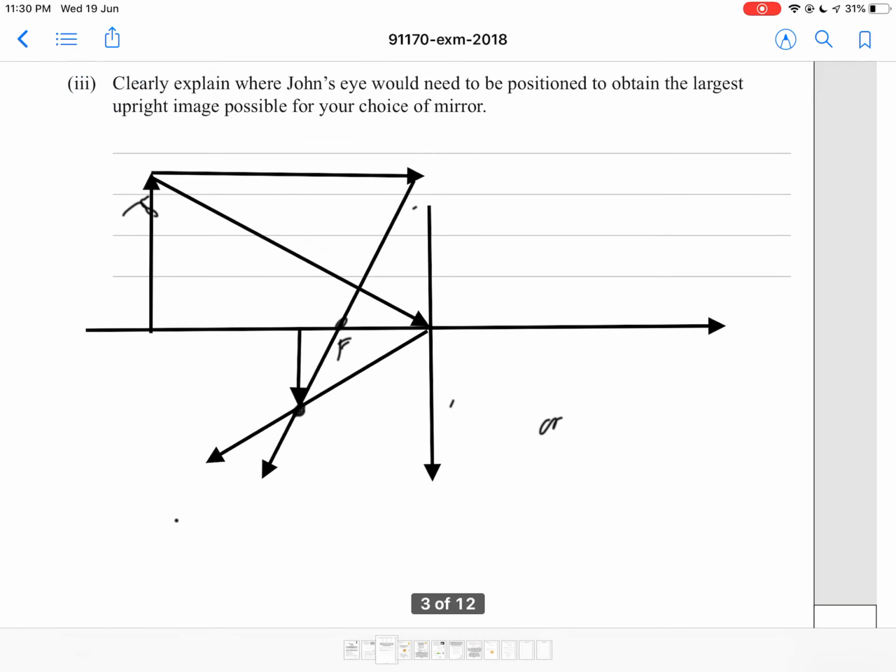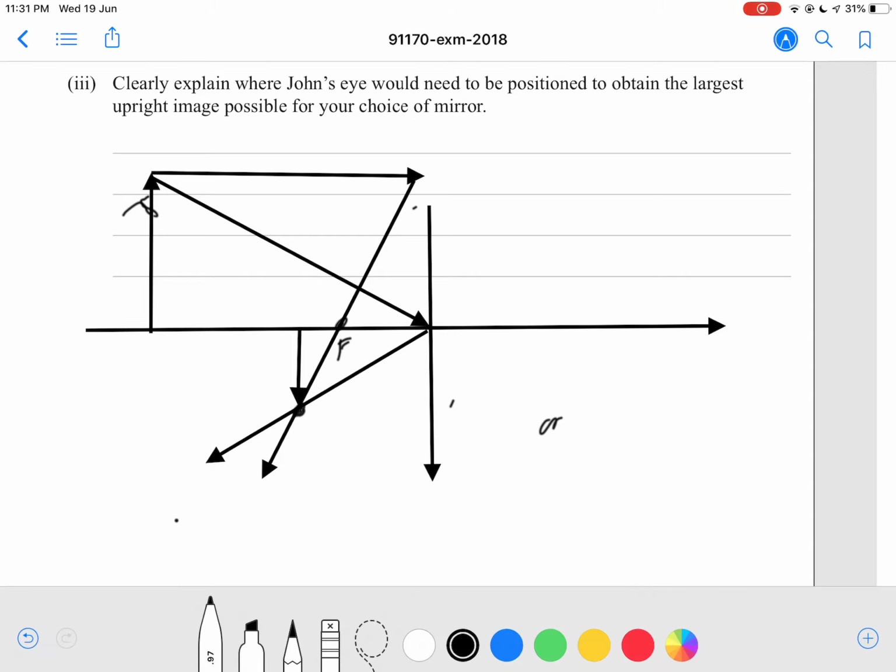Clearly explain where John's eye would need to be positioned to obtain the largest upright possible image for your chosen mirror. Okay, so because 1 over f equals 1 over do plus 1 over di.